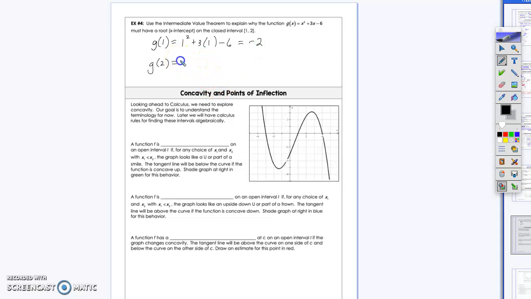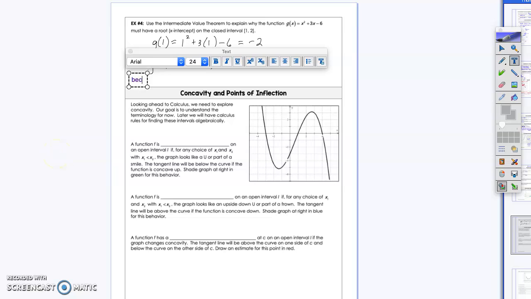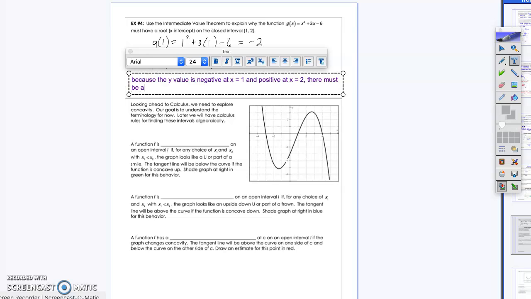If we evaluate it at 2, we get 4. So because the y value is negative at x equals 1 and positive at x equals 2, there must be a 0 in the interval [1, 2].